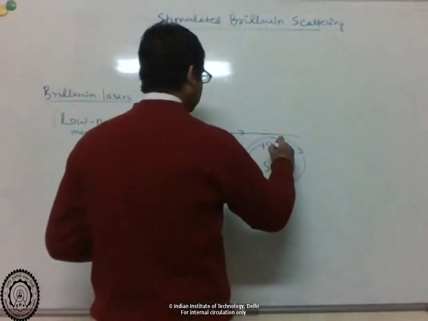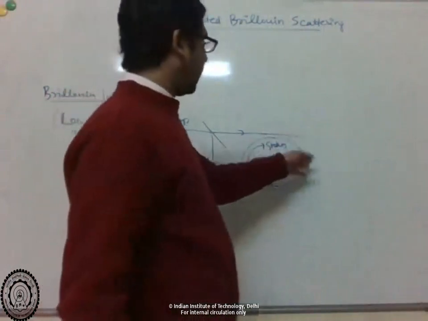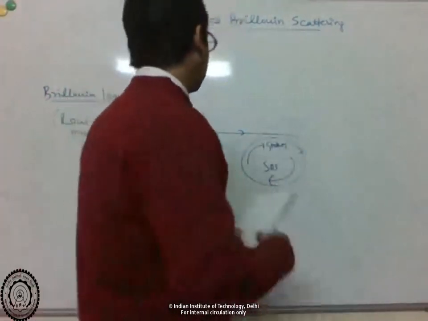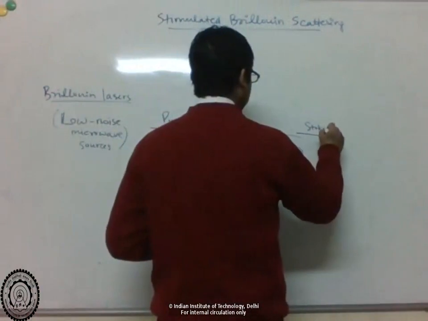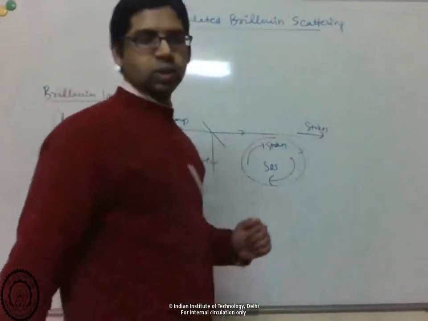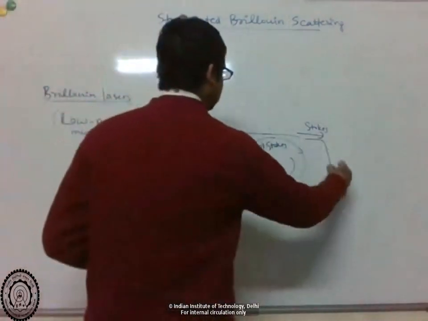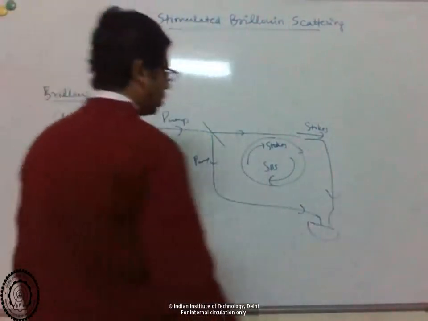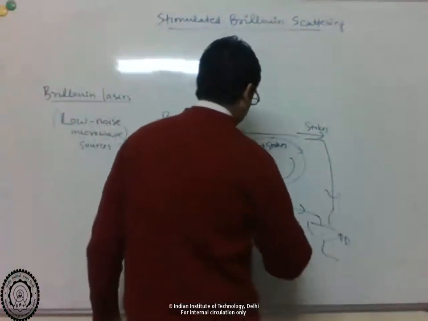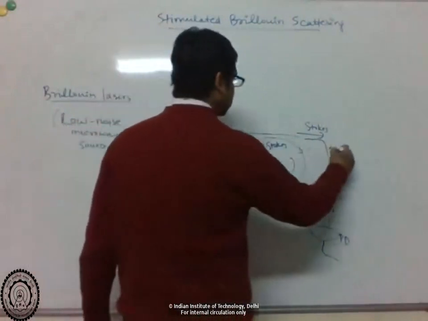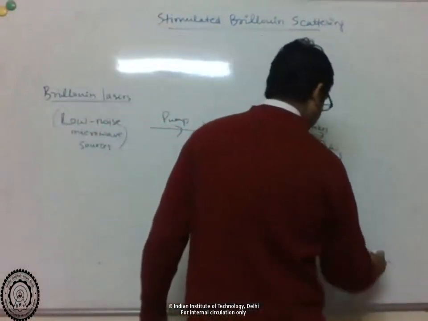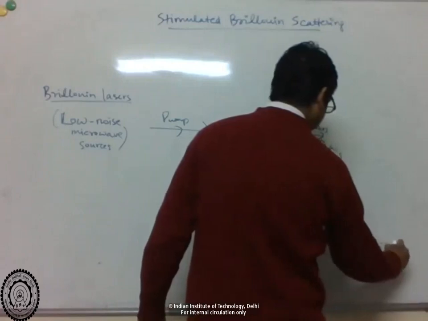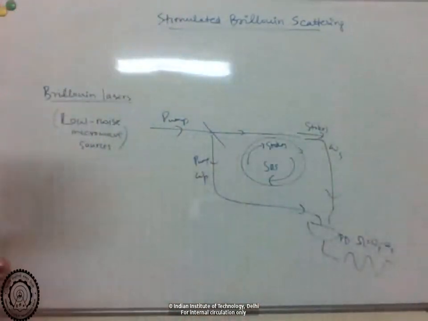You're generating Stokes, and if the round trip gain exceeds the round trip loss, then you get lasing, and Stokes comes out here if you exceed the threshold, gain over loss. Then you can send your pump and Stokes onto a photodiode, and this photodiode will see the beat frequency between the pump and Stokes and give out a microwave signal whose frequency is basically the Brillouin frequency, or the difference between the pump and Stokes.